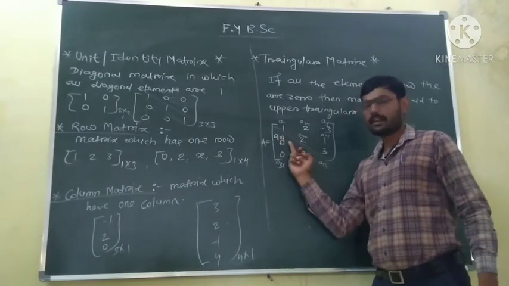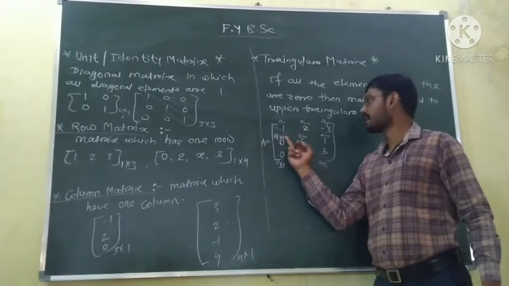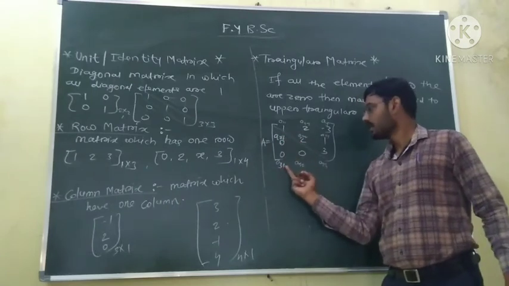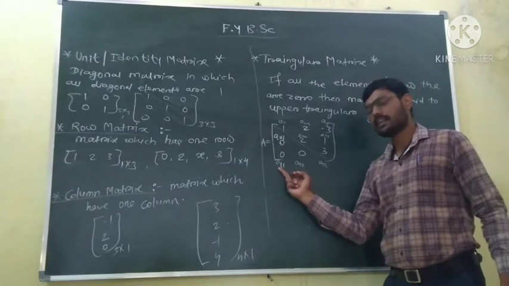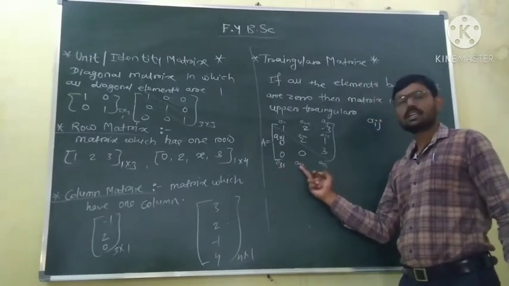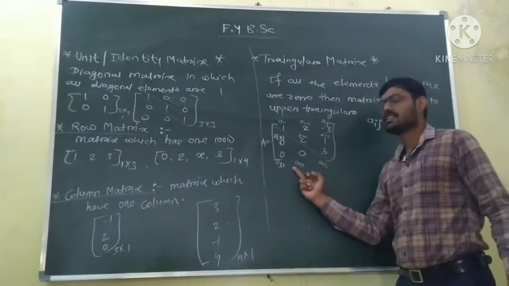Here in A21, i is 2 and j is 1, so i is greater than j. In A31, i is 3 and j is 1, so again i is greater than j. In A32, i is 3 and j is 2, so i is greater than j.